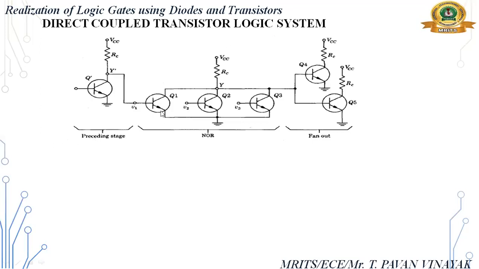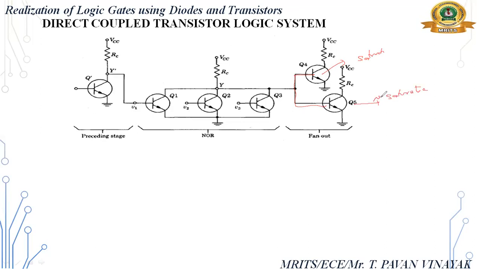So whenever low voltage is given at Q4 and Q5, Q4 goes to the saturation region, but Q5 does not go to the saturation region.